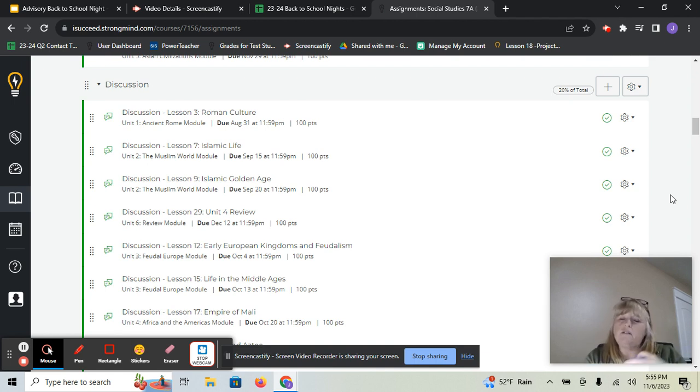They're graded based on the length and quality of their response. The response should be 3 to 5 sentences. They need to make sure they have spelling, capitalization, punctuation, and that it's on topic. They're answering that question. There is a rubric that students can see to understand why they got the score they did.